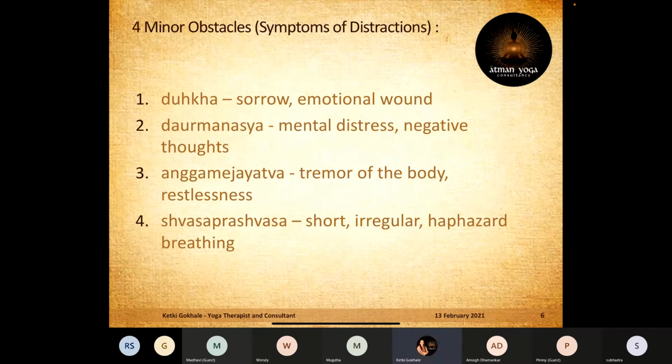Dukkha is defined as bad space, both physically and mentally filled with impurities, most commonly translated as pain and suffering. And then daurmanasya, that is mental distress or negative thoughts.